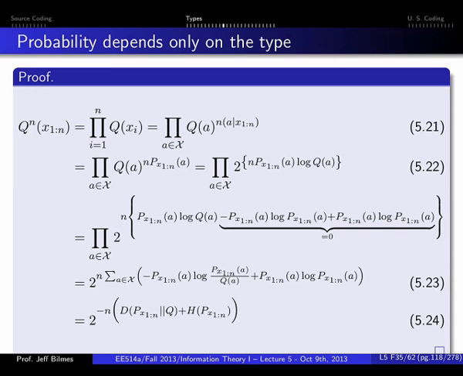As n gets bigger and bigger, p gets closer to q, and so this ends up becoming 2 to the negative n h of q, because the Kullback-Leibler is going to 0 and the type's going to q. So it's just like what we've known before, except that this is an equality all along.